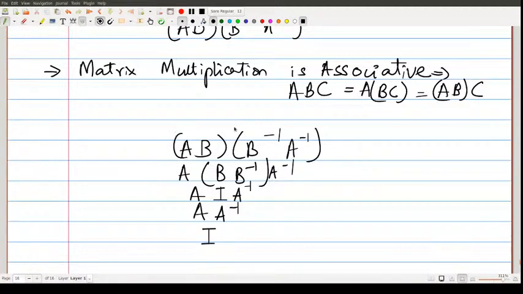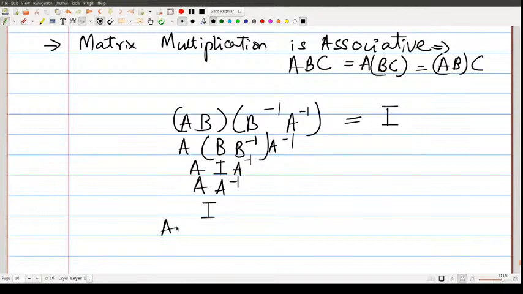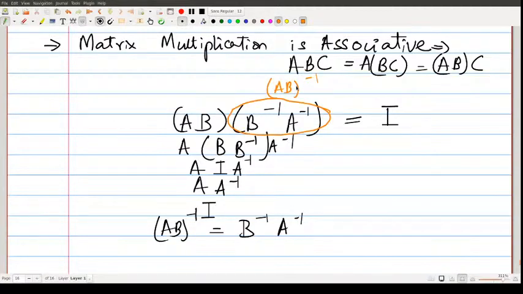So this combined result gives me the identity matrix. So basically what we've seen is that the inverse of AB is B inverse A inverse.